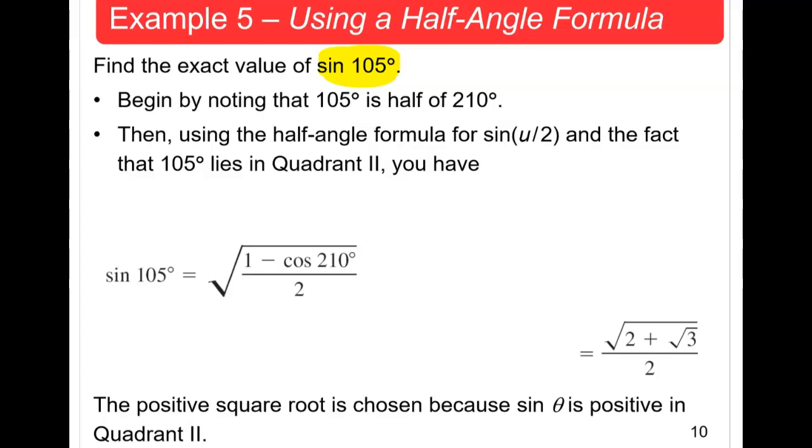However, for these questions on WebAssign, you will have to use the formula. And the formula that we will be using is the half angle formula for sine of u divided by 2. So let me write what the formula is here. And this is something you should get used to.